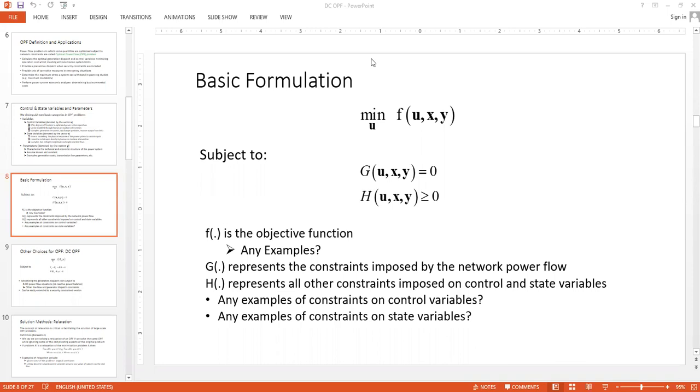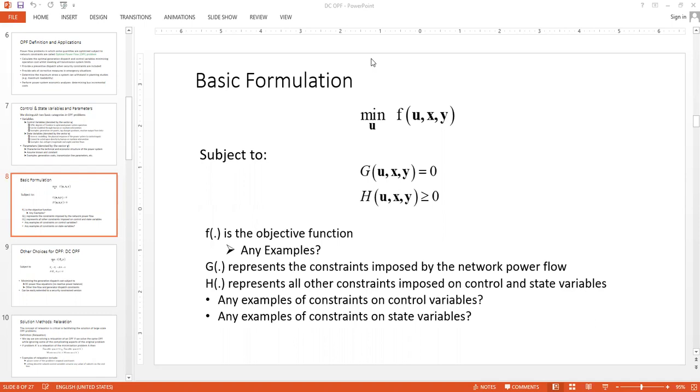The necessity of adopting DC load flow instead of the conventional AC load flow was because of the advantageous nature of the DC load flow, which helps us in speeding up the solution compared to the conventional AC load flow. However, one disadvantage associated with the DC load flow, as we mentioned in the previous class, is that we have to lose some level of accuracy in our result.